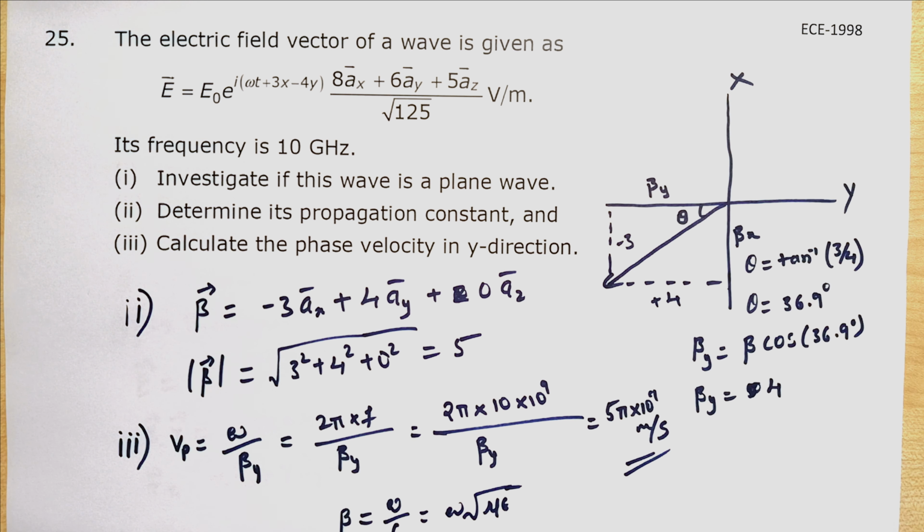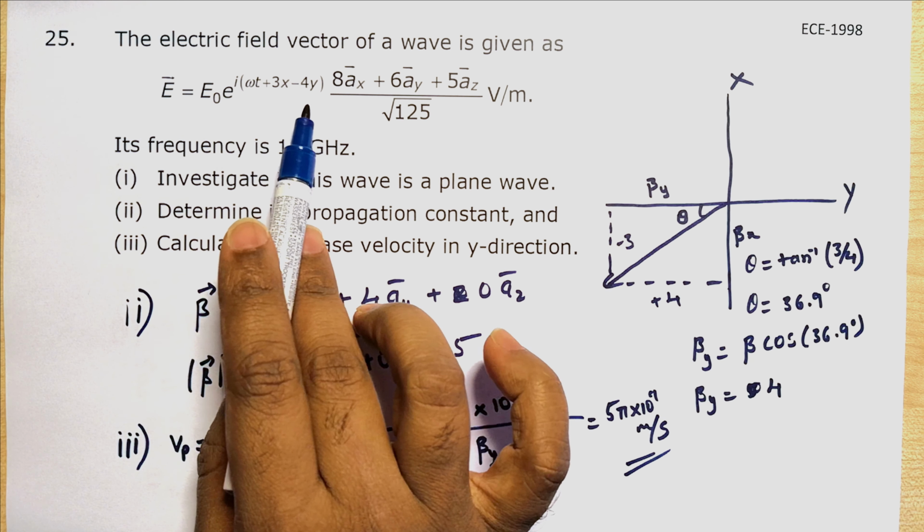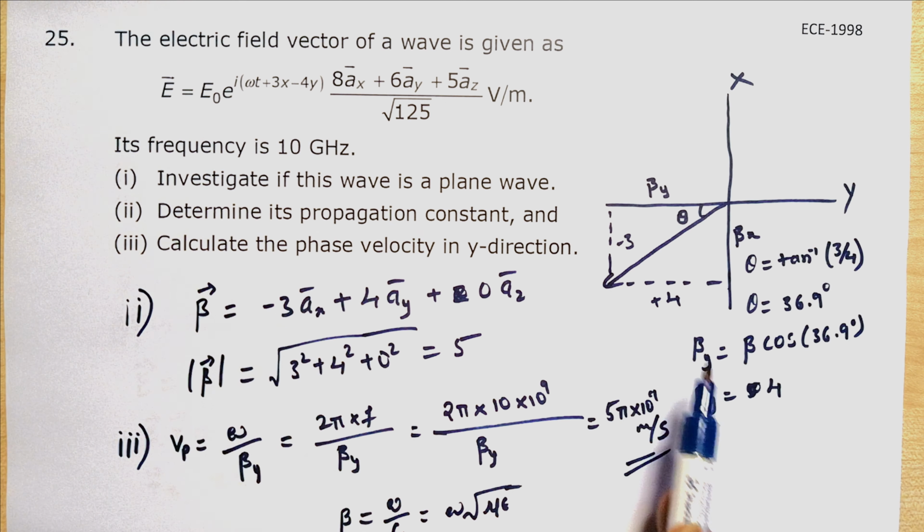In that case, it could be free space, where root of mu epsilon is just root of mu naught epsilon naught, that is 1 by c, and the beta turns out to be a different number. But since there is no mention of medium, I thought we have to just find out the beta from the given expression here, and the solution follows from there.